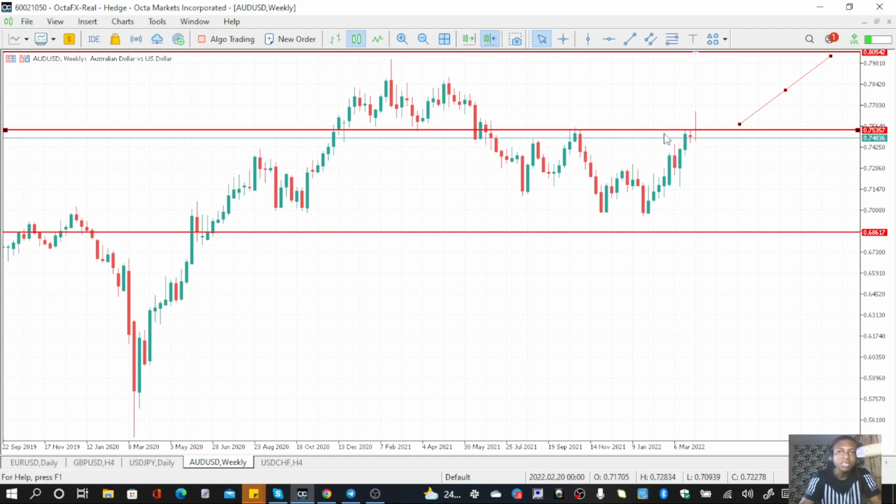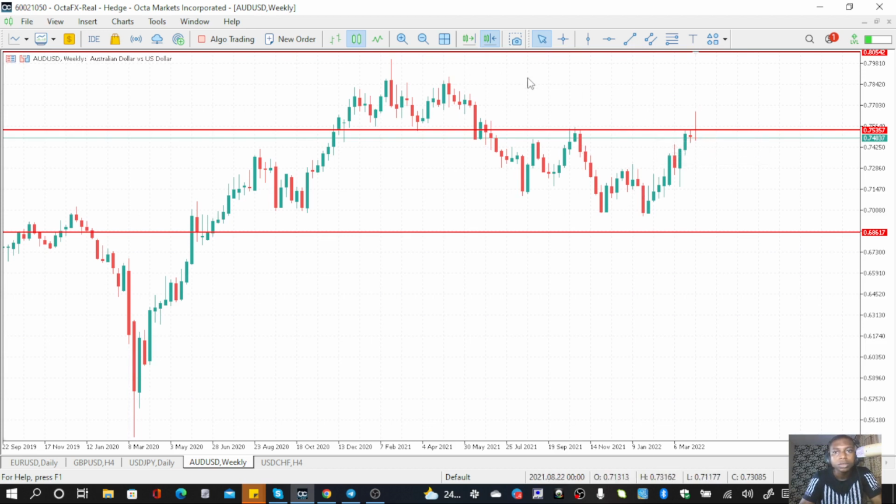There's a rejection coming in at this level. However, this is not sufficient information to determine if the market will go bearish or not. All right. So there will be a need for another bearish candle to close before we can agree that okay, it might go bearish.